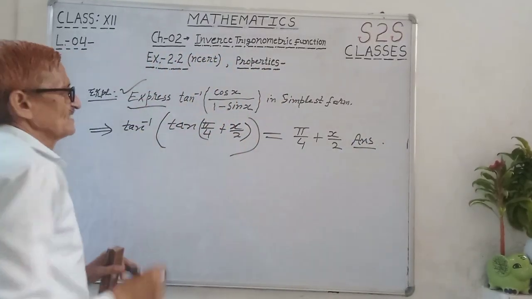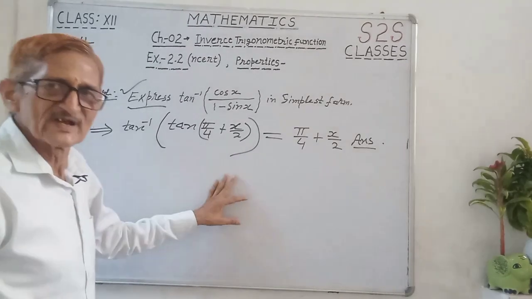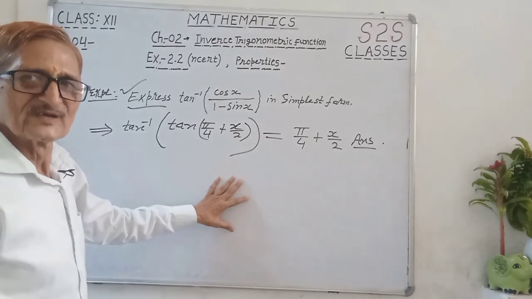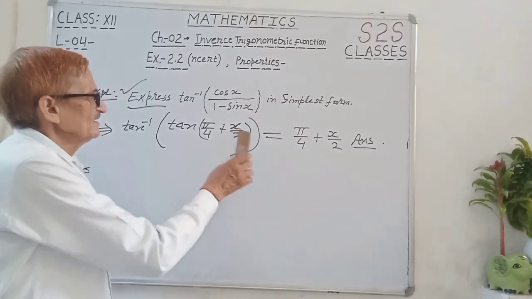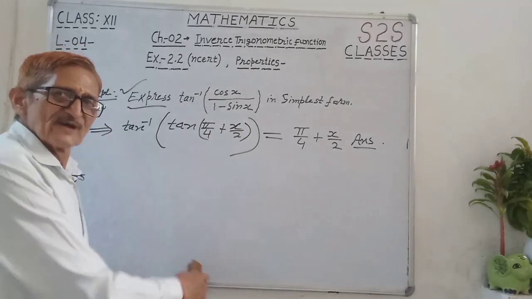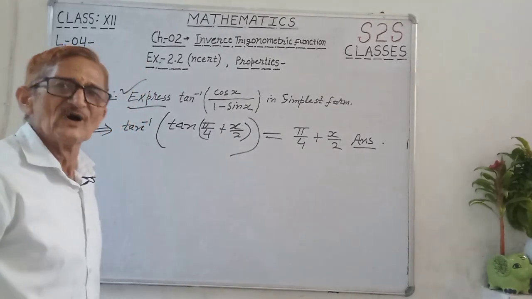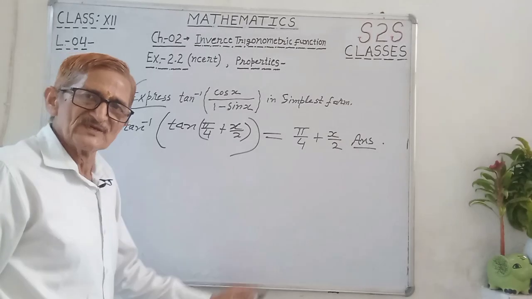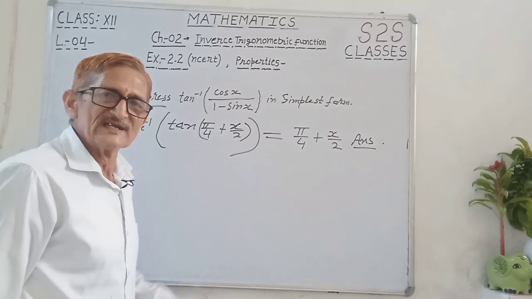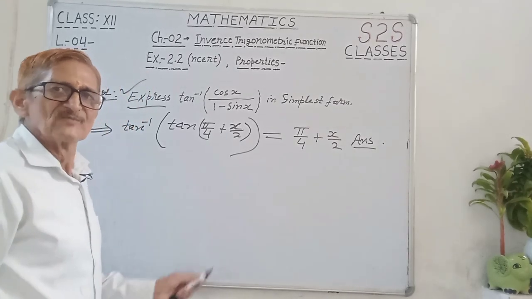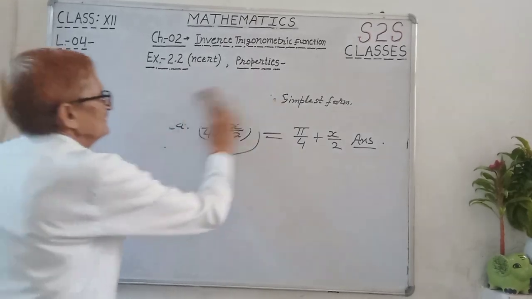This is an important example from the point of view of the exam. These are important question examples for board exams. In this, the formula and this step are very important: how to convert cos x by 2 plus sin x by 2 upon cos x by 2 minus sin x by 2 into tan form. That step is most important. Divide by cos x by 2 in numerator and denominator both, and it will convert into tan form, then the tan a plus b formula will come, then this property is used.